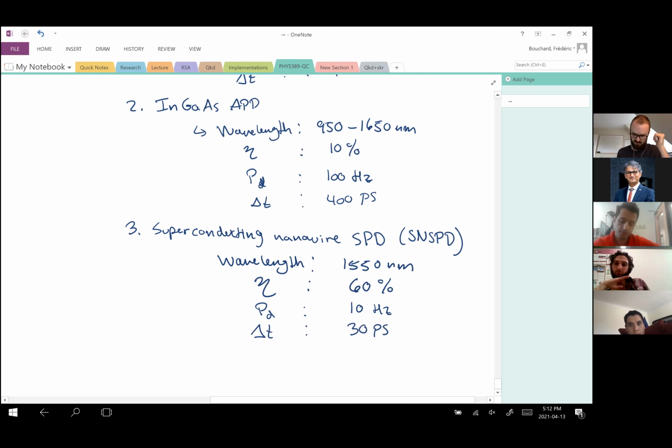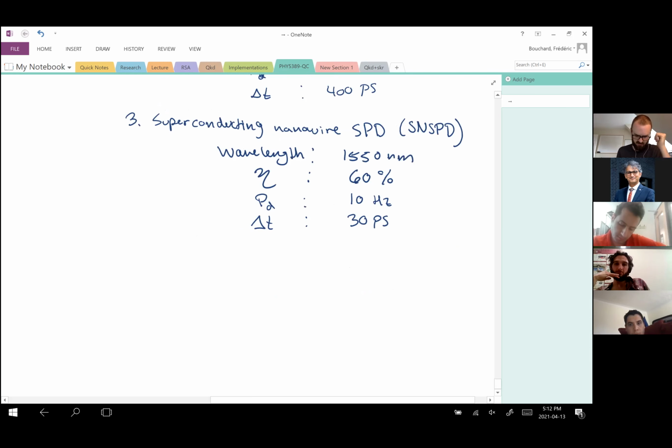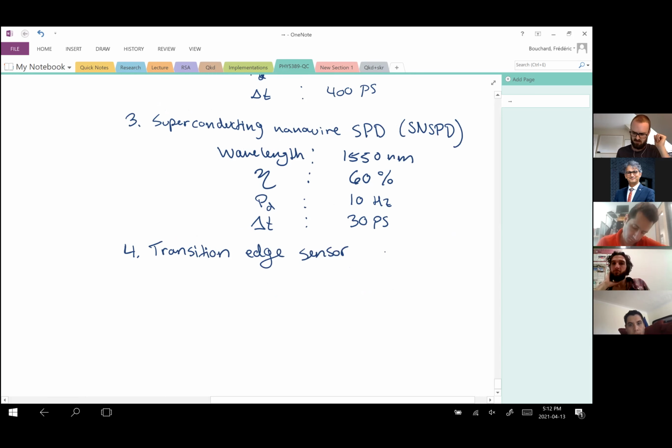Then finally, there's another type of single photon detector known as transition edge sensors, TES detector. The big thing about this one, it also works at 1550, with efficiency of 60%, similar to SNSPDs, but you have photon number resolving capabilities.